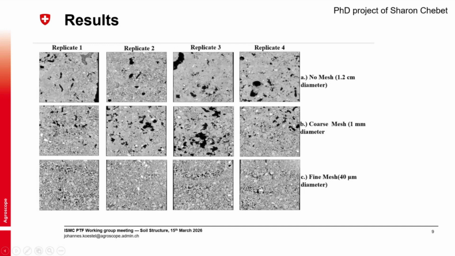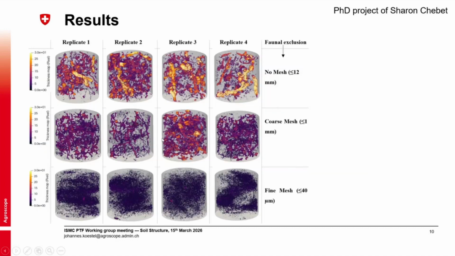And you see also that the original assembly of aggregates, especially in the treatments with no mesh applied, has fused considerably, whereas if you have the fine mesh, the original structure is still like it was in the beginning. It is fused a bit more, but apart from this settling, the structures did not seem to have changed awfully much. And in the coarse mesh treatment, you have some intermediate case.